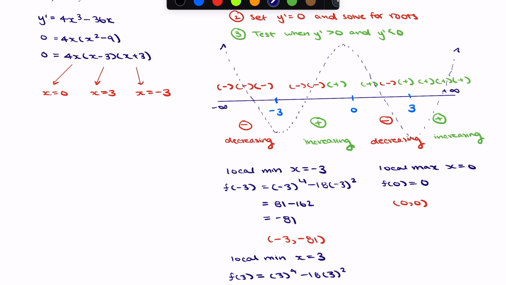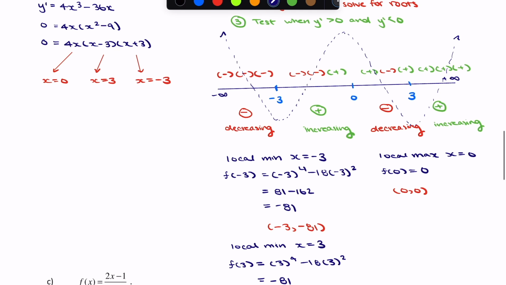Okay, and so here, again, if we're looking at the domain, it goes from -infinity to +infinity, where x is an element of real numbers.